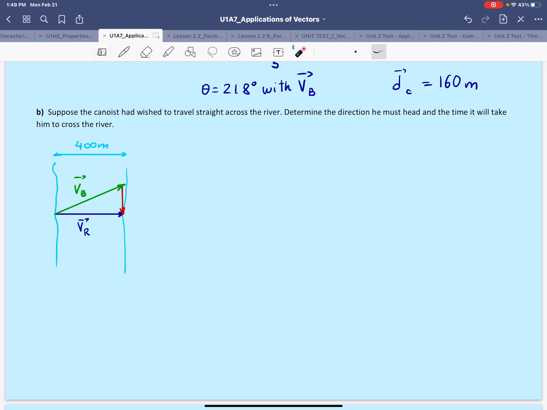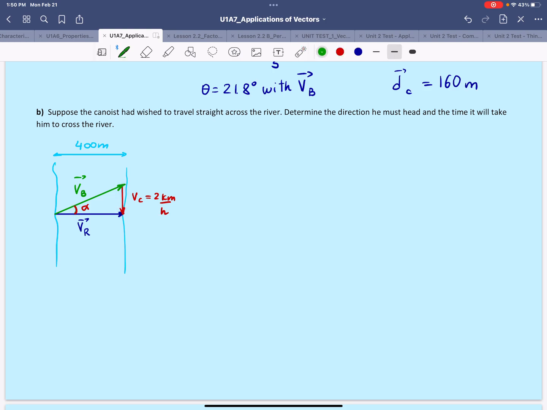So in order to find out the direction that he must head, we need to find this angle. So remember that to find this angle, which we are going to call angle alpha this time, we have to use the given measurements. What we do know is the velocity of the current, 2 kilometers an hour, which serves as the side opposite to angle alpha.